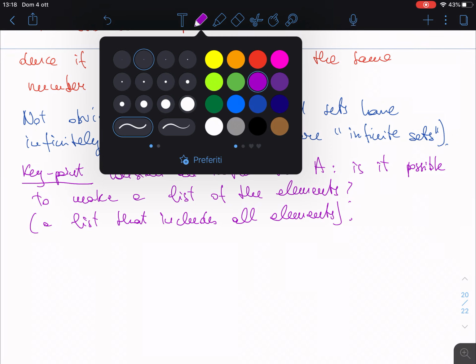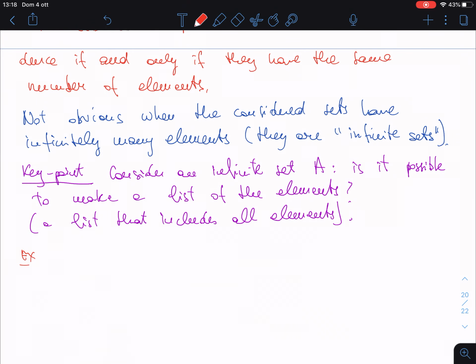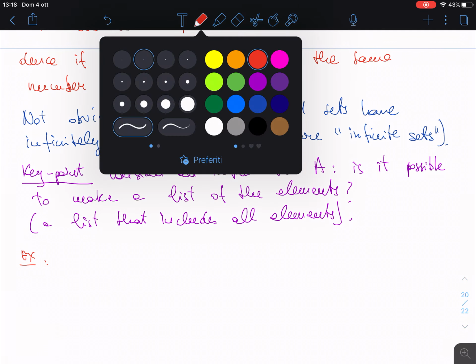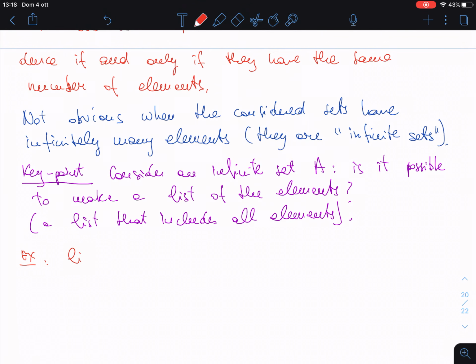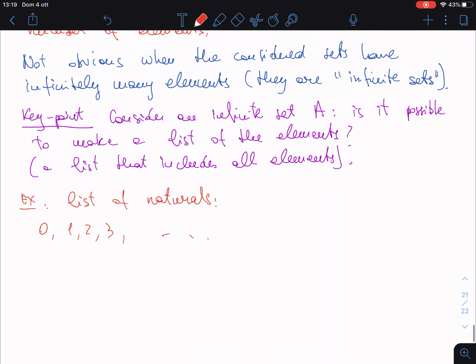So example, the first example is very easy. The list of naturals is very easy: 0, 1, 2, 3, and so on and so on. Essentially, making a list means create a one-to-one correspondence with the naturals. Because, for instance, you can also organize a list of integers.